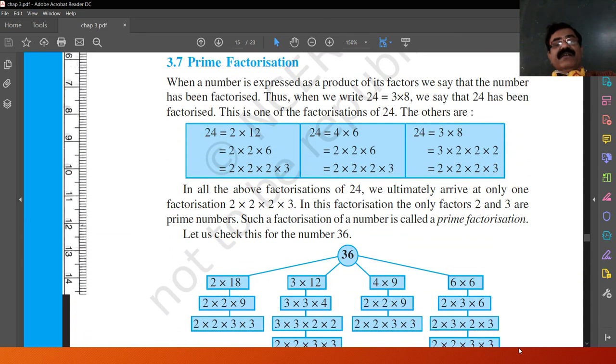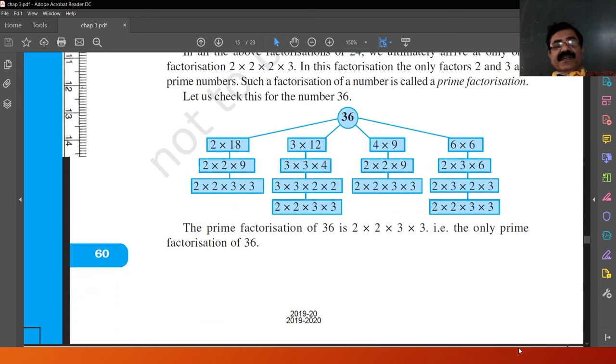Any factorization, you know, and prime means you only have to find the prime factors. There are several ways, which we already understood in previous classes, such as the factor tree method in class 5th. This will be used to find the prime factorization of the given numbers.